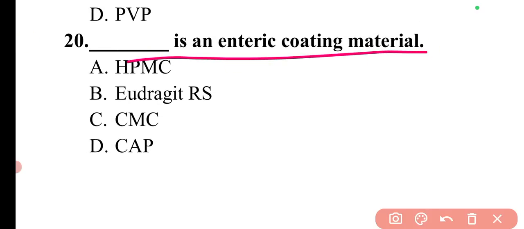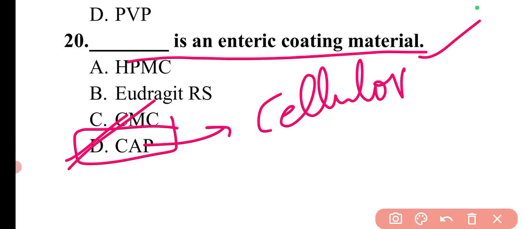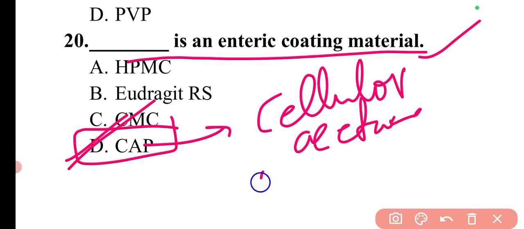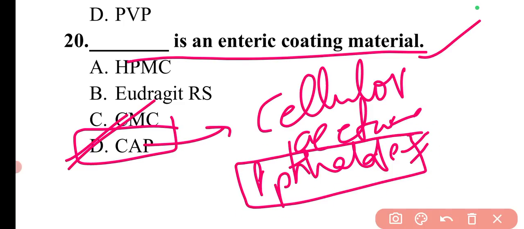Next question is, dash is an enteric coating material. Questions are often asked on enteric coating materials. The enteric coating material here is CAP, which is cellulose acetate phthalate. It is an enteric polymer. Mostly, if the ingredient has the term phthalate, you can easily identify it as an enteric polymer.